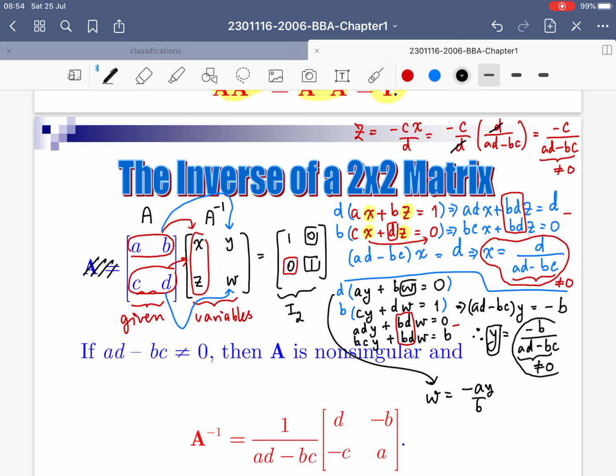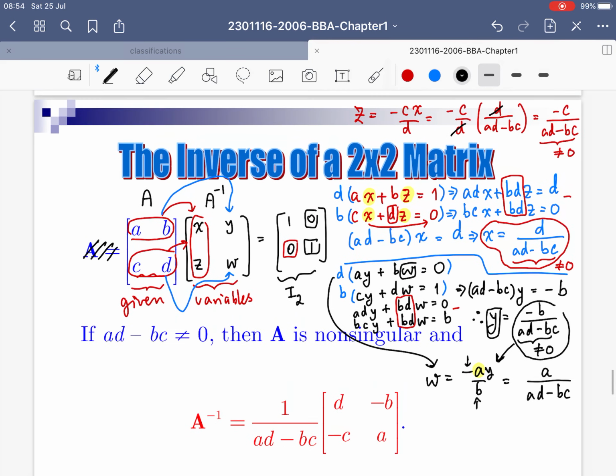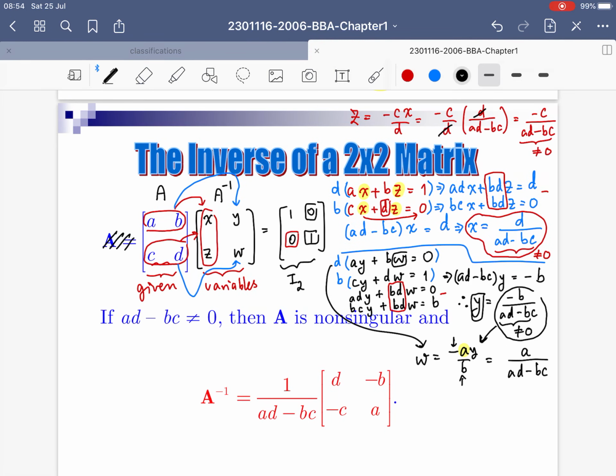As you plug in, the negative and the B cancelled, so the one that survives is your A on top. So all you have is A over AD minus BC. So if you talk about the inverse of this ABCD 2x2 matrix, your X is D over AD minus BC.